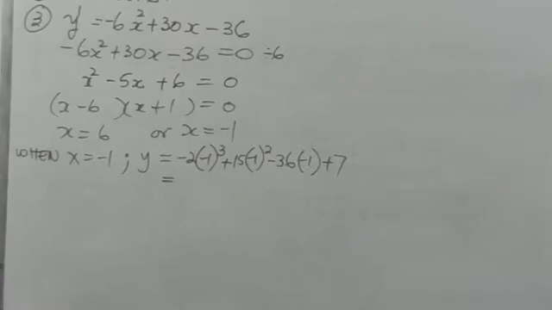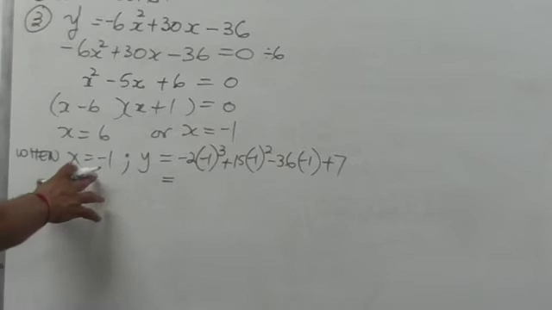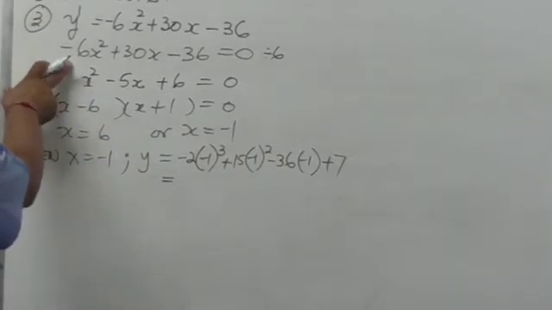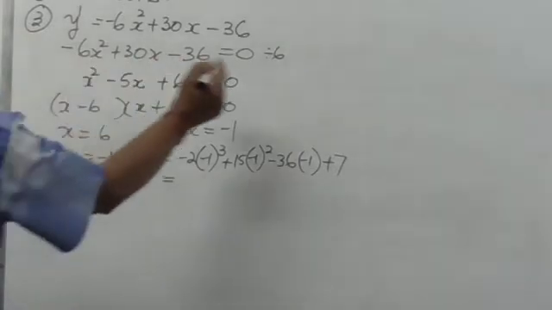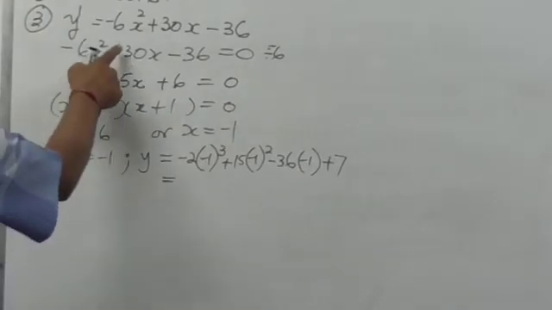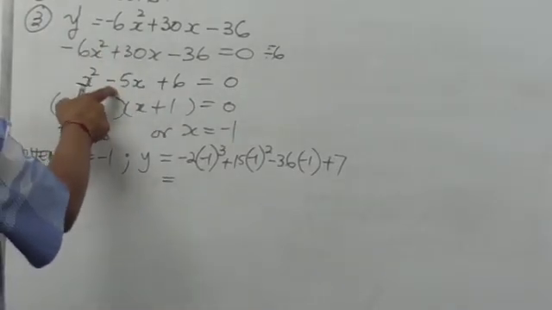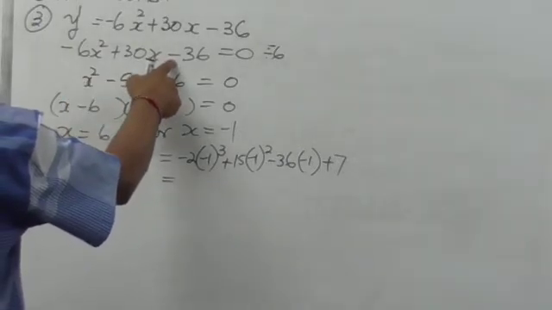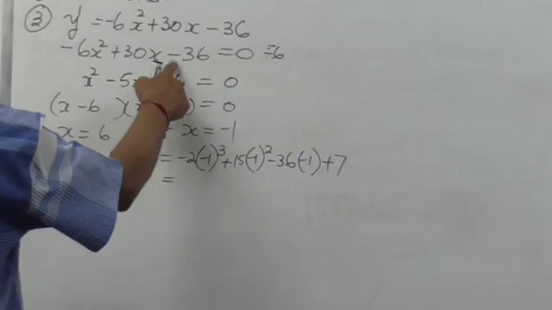Let me just try and see what answer we get. Let's go back here. If I divide negative 6x squared plus 30x minus 36 equal to 0 by negative 6, that will give you x squared, negative 5x, and plus 6.